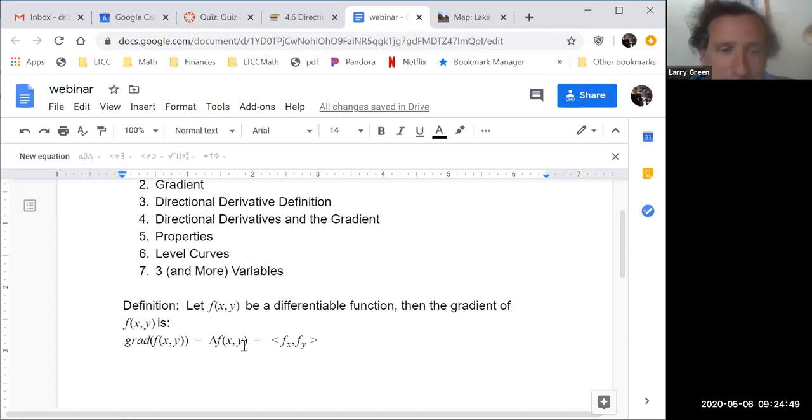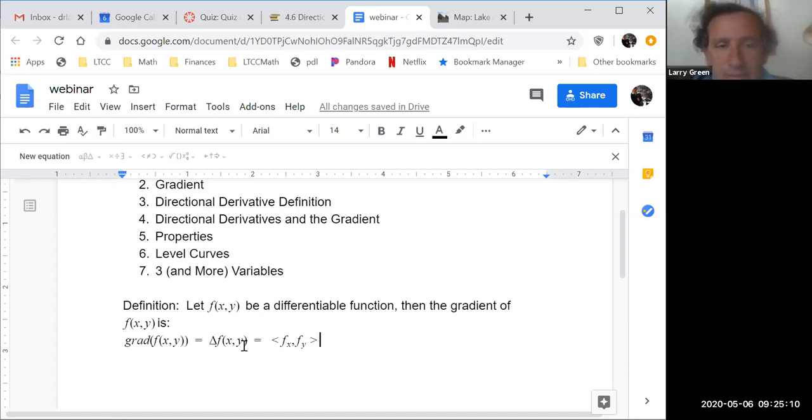And it's the vector f_x comma f_y. Okay. Notice something interesting. f_x is a number when you plug in an x and y, and so is f_y. This really is a vector. Okay, it's a two-dimensional vector.